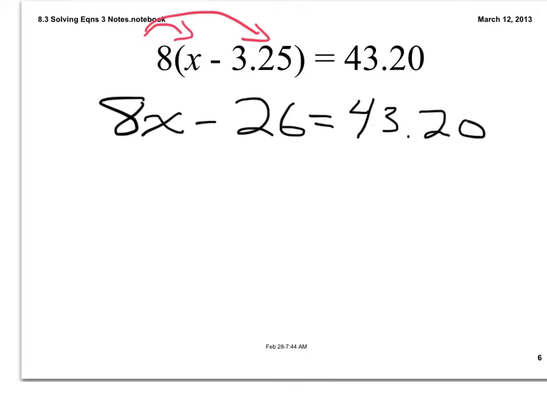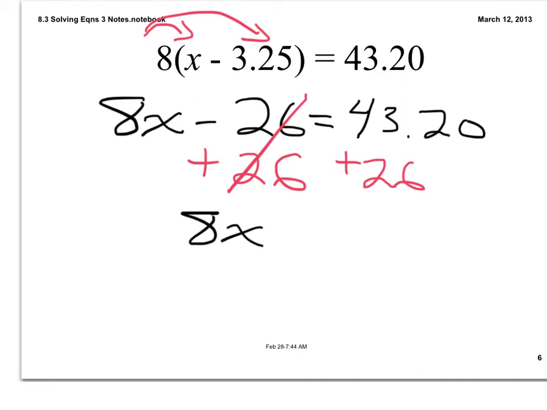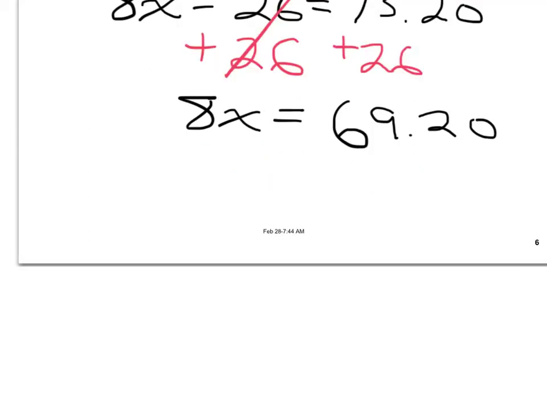Now to remove the 26 and move it to the right, you'll add 26 to both sides. 26 cancels on the left, leaving just 8x equal to $69.20. And our last step now, divide both sides by 8.